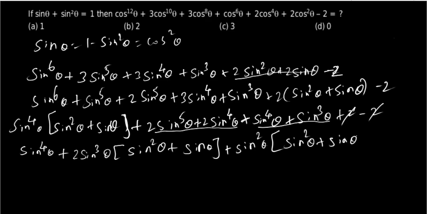So sine theta. So it will become sine power 4 theta plus 2 sine cube theta.